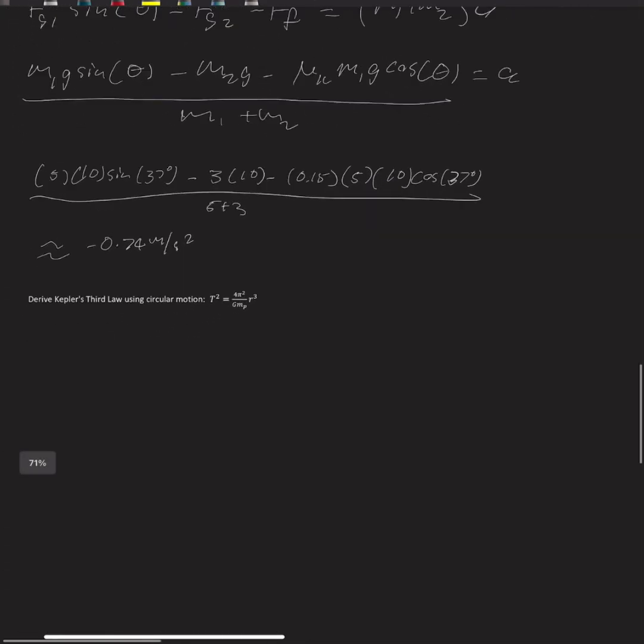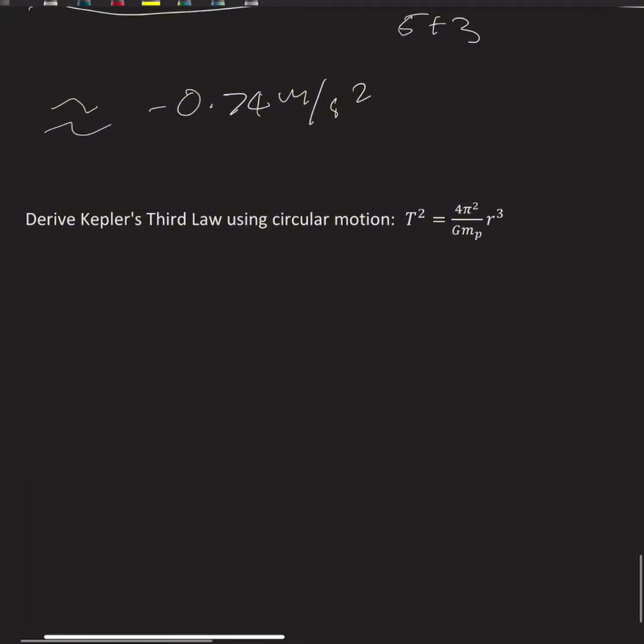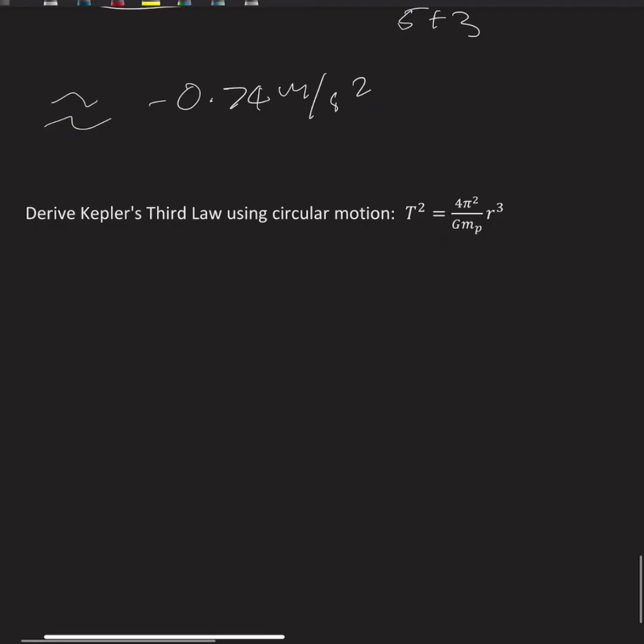But the next example is on circular motion and Kepler's third law. What we want to do is derive this equation using a circular path. Well, let's analyze the forces acting on the object.